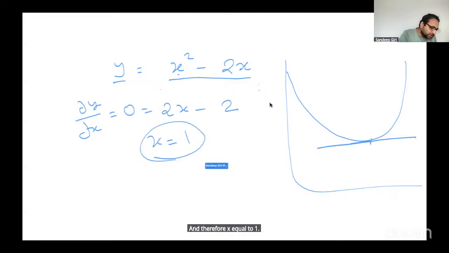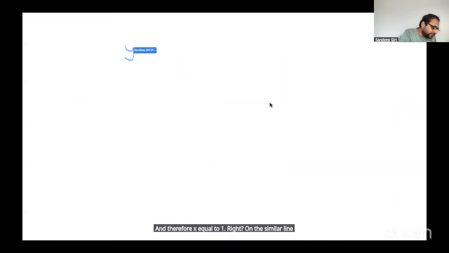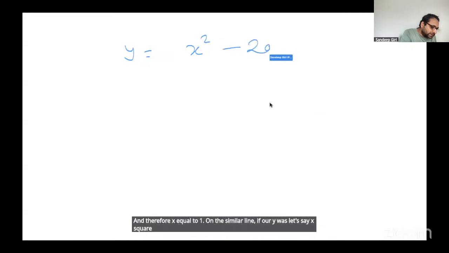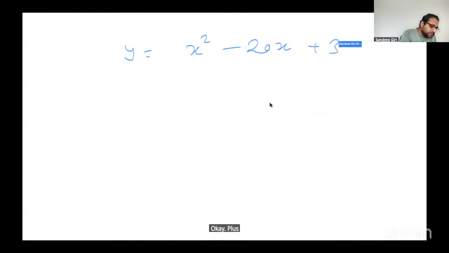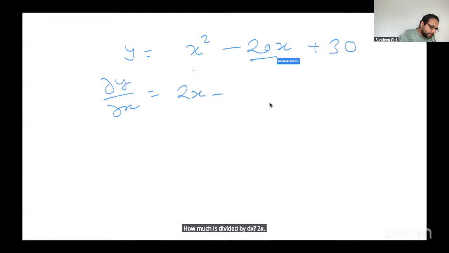On a similar line, if our y was, let's say, x square minus 20x plus 30, let's say this is your equation. Now, how would you find the minimum value of y? How much is dy by dx? 2x minus 20, make it 0.